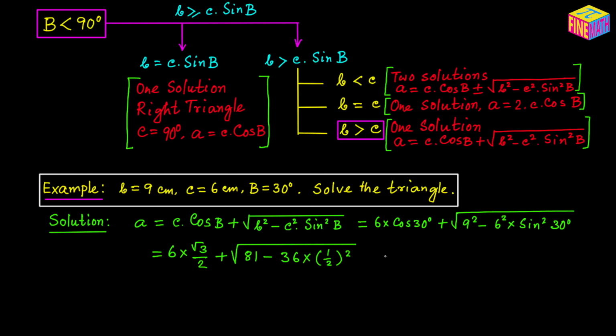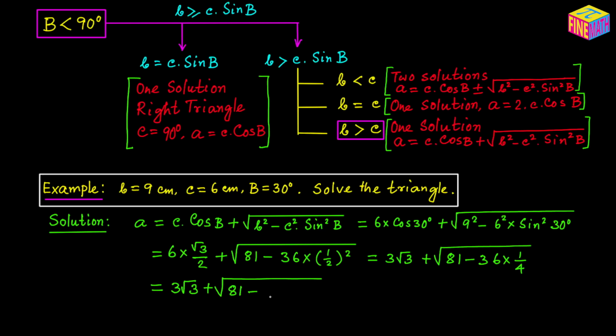If we simplify further, the first term is 3 times square root of 3, plus square root of 81 minus 36 times 1/4. It will be 81 minus 9, because 36 divided by 4 is 9, and that is equal to 3 times square root of 3 plus square root of 72.